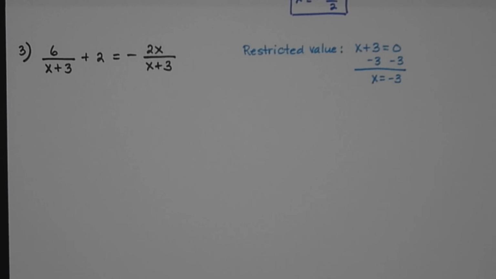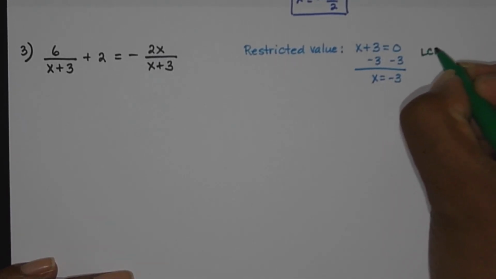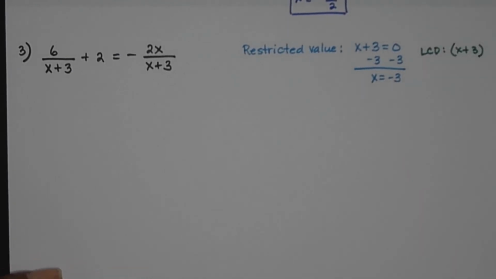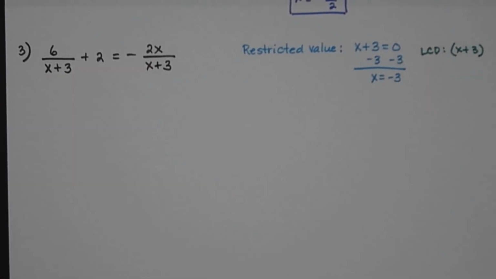All right, so next we'll solve this equation. Well, in this case here, the only thing in our denominator is the x plus 3, so the LCD here will be x plus 3. And then we're going to multiply each and every term in that equation by x plus 3.